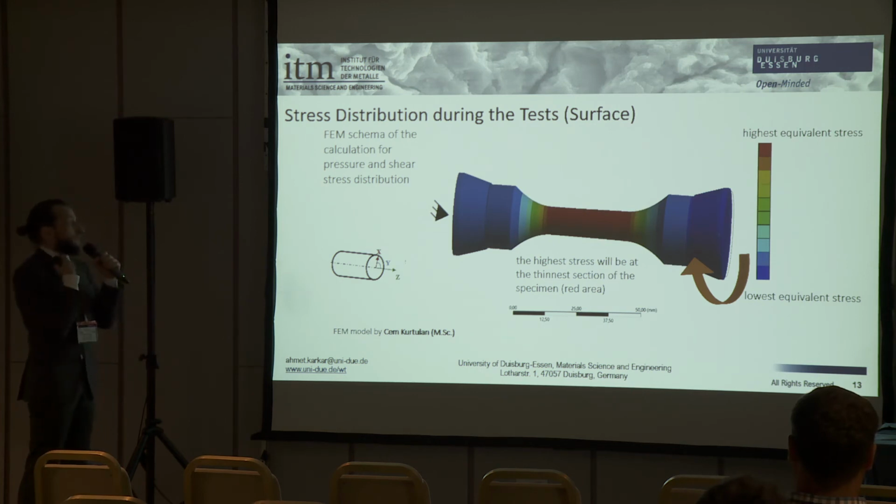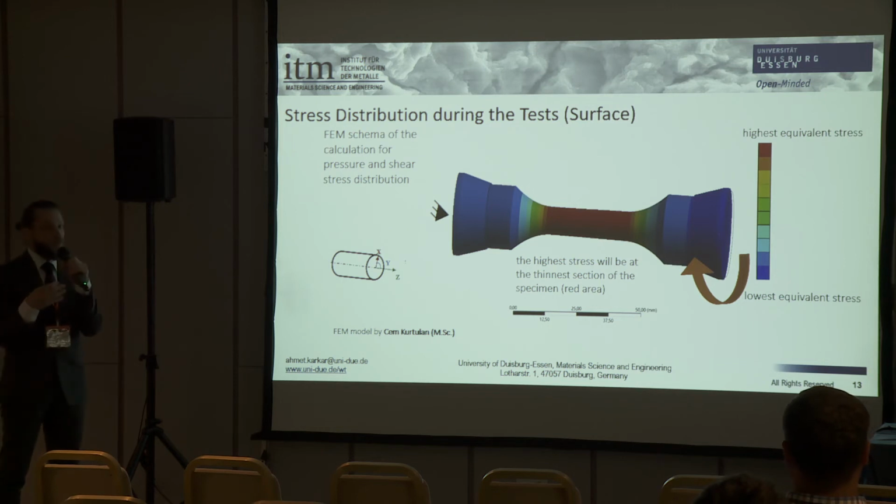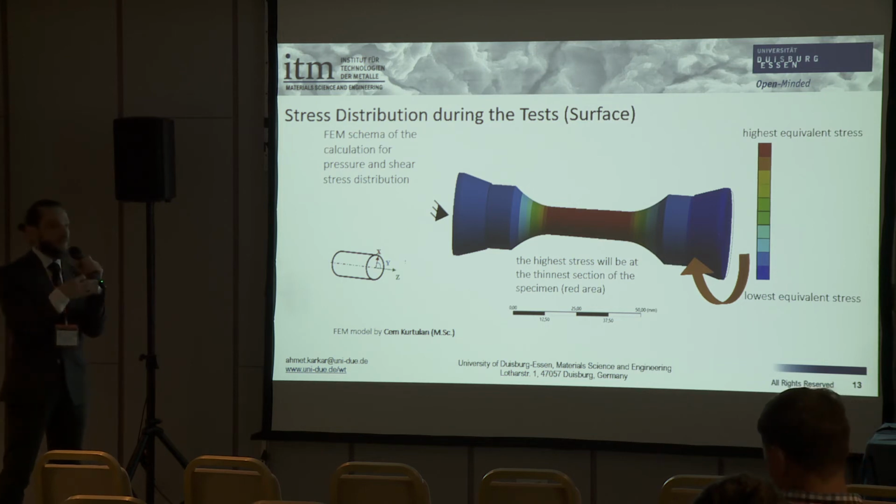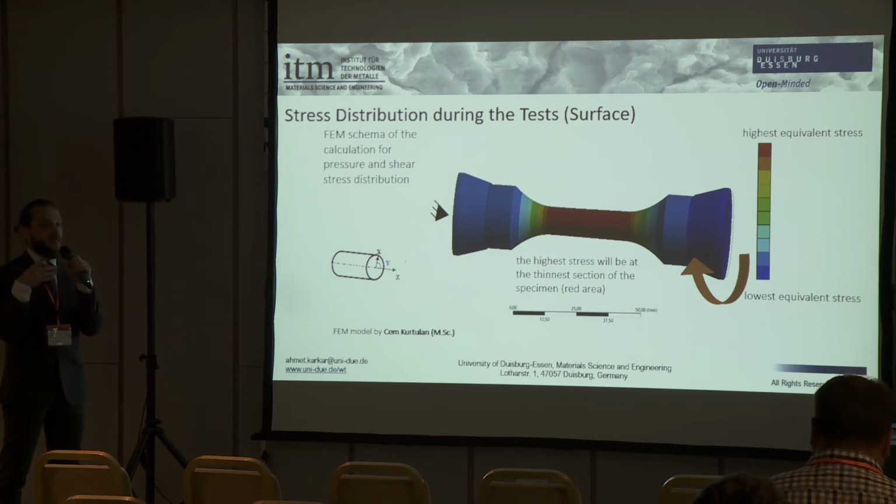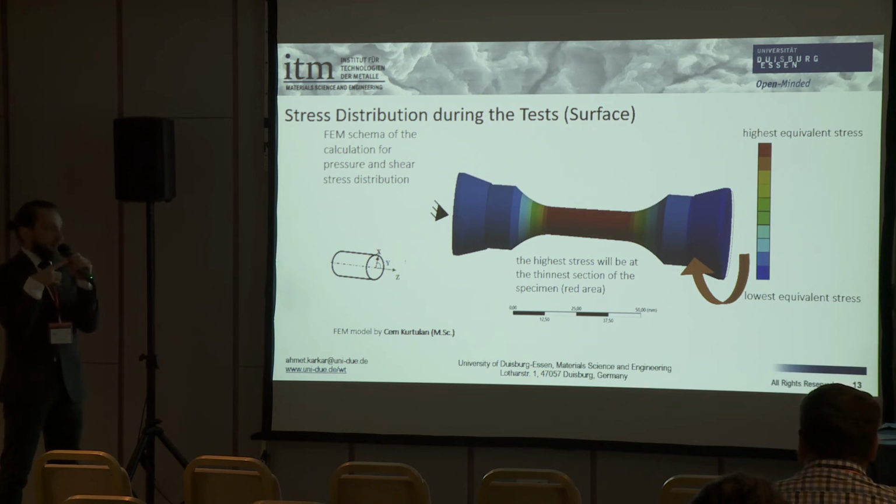To get an understanding of the stress distribution, the stress distribution was simulated for the very initial cycles. The simulation provides us a clear understanding of the stress distribution to enable comparison with the damage mechanism.